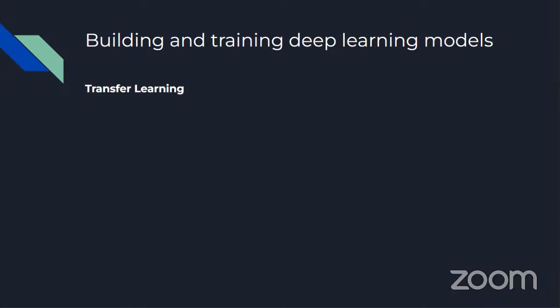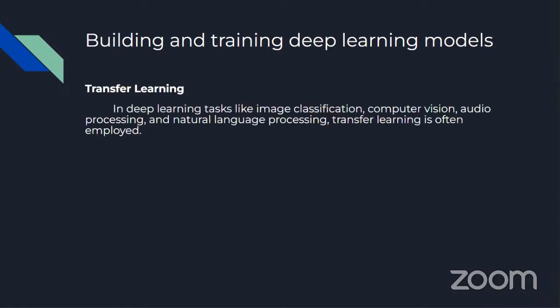Now you are reusing that learning in your problem. In deep learning, for example image classification, computer vision or audio processing, transfer learning is usually employed. So you use a pre-trained model. There are a lot of pre-trained models available.